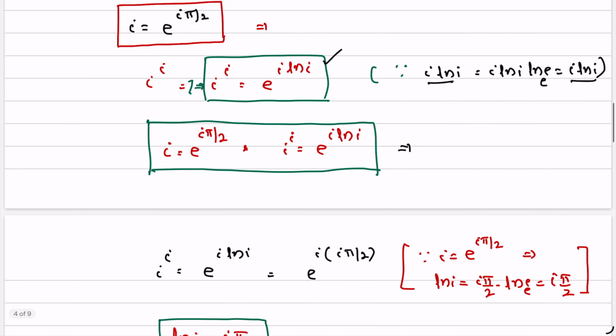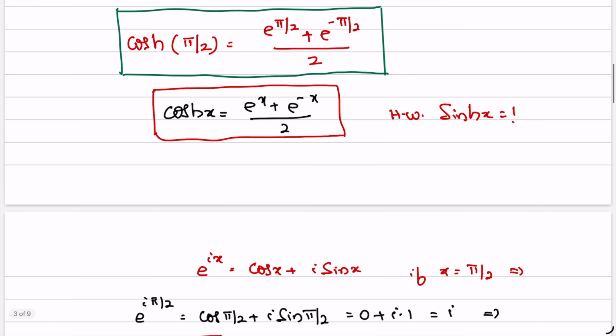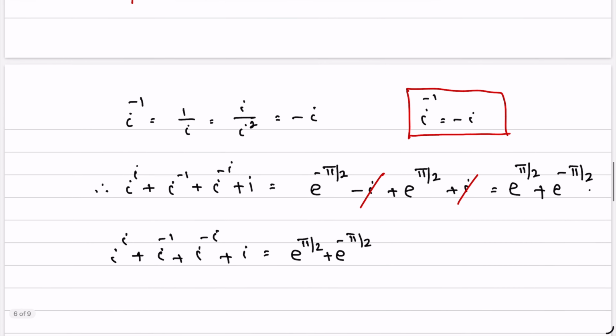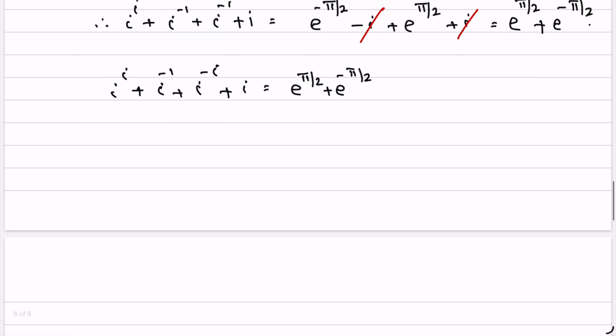Then cos hyperbolic x we have already defined as e to the power of x plus e to the power of minus x by 2. e to the power of pi by 2 plus e to the power of minus pi by 2 whole divided by 2 is equal to cos hyperbolic x. Then e to the power of pi by 2 plus e to the power of minus pi by 2 can be written as 2 into cos hyperbolic pi by 2.